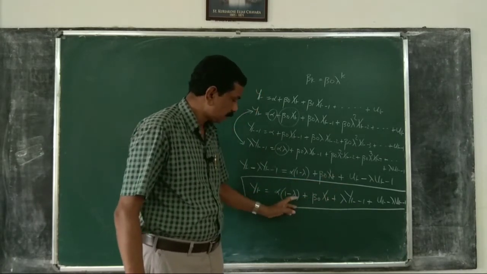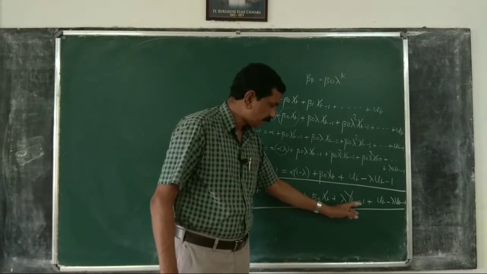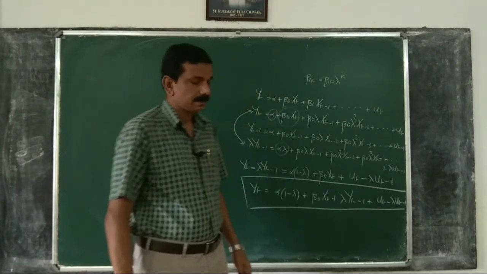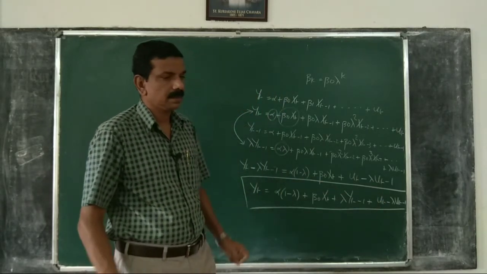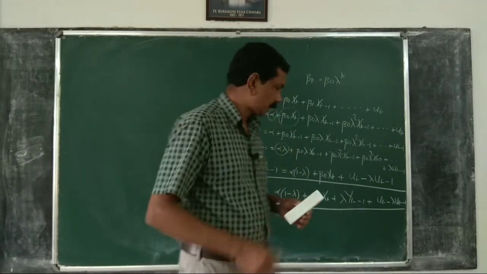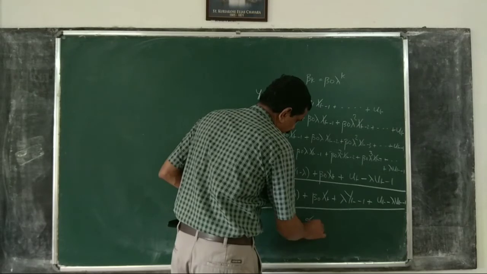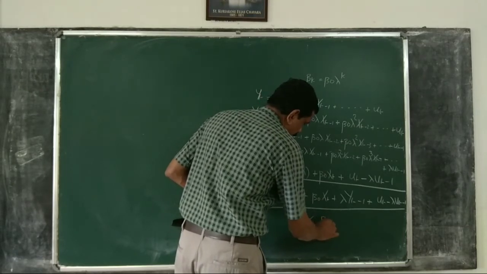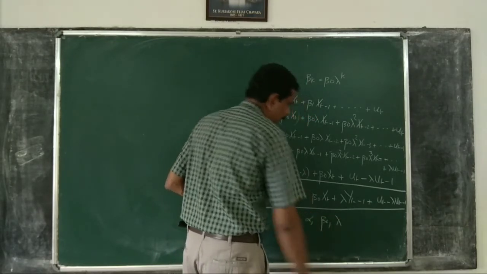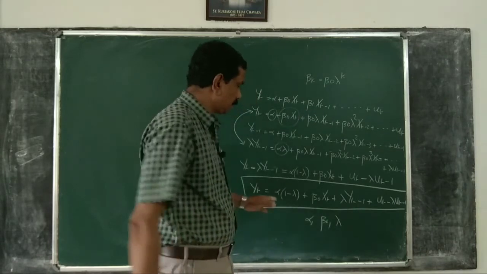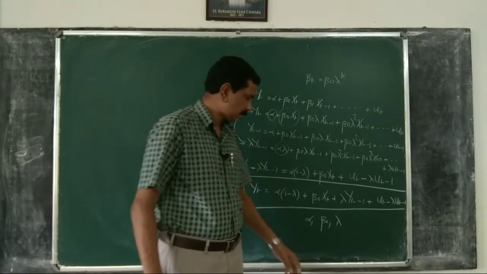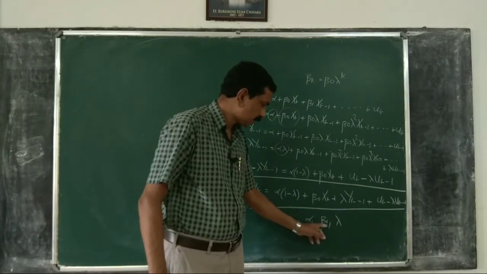Yt is equal to a function of xt and yt minus 1. Now we have to estimate only 3 parameters: alpha, beta 0 and lambda.